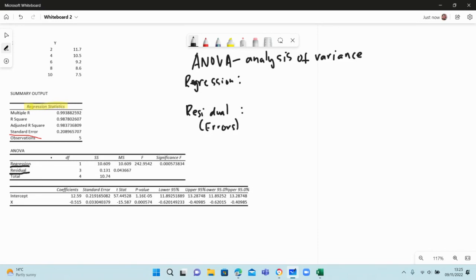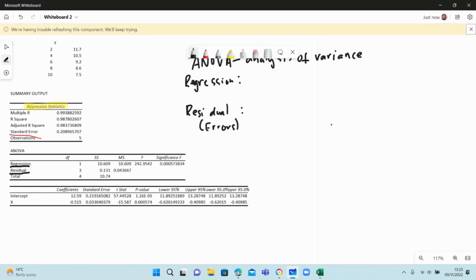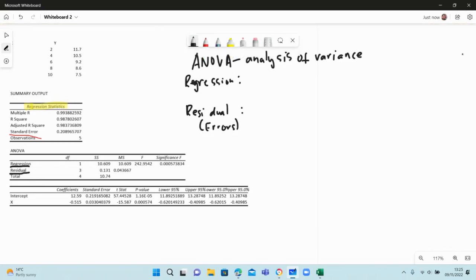Okay. Now, there are several columns which you can see in this part of the regression analysis, namely the DF, which actually is short for degree of freedom. Now, the degree of freedom for the regression part is given by k minus 1, where k is the number of variables present in our model.